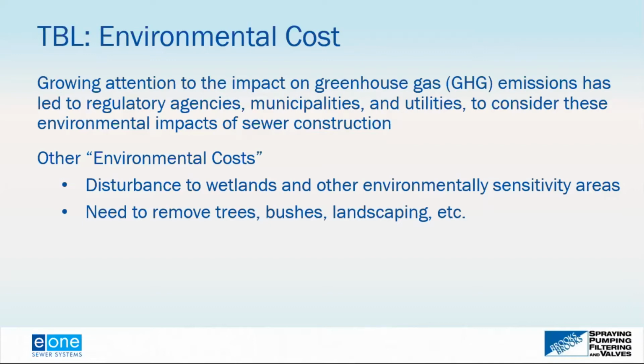So if you're in an area where you have a lot of wetlands or environmentally sensitive areas, or the route is going through some areas that would have to remove trees if you had to go in a straight line, that is, if not completely negated, at least minimized when you have the pressure sewer systems, because you're not going to dig a bigger trench adjacent to the wetlands, or you can deviate, again, horizontally or vertically and go around some of these environmentally sensitive areas easier than you could with a gravity sewer system.